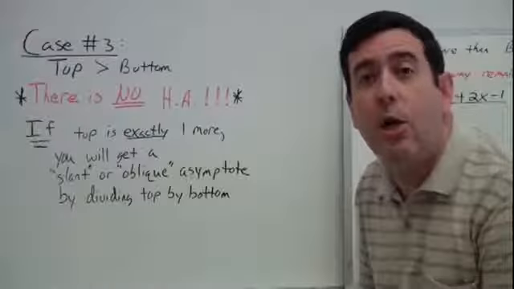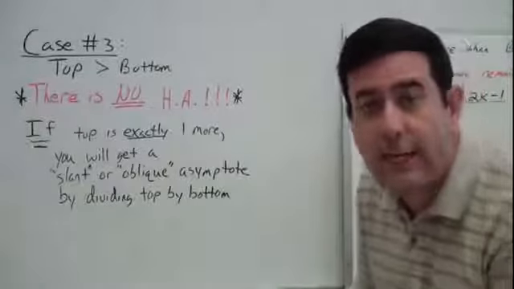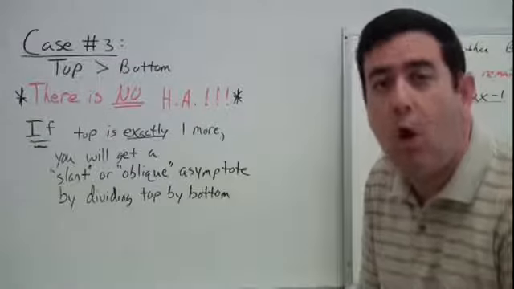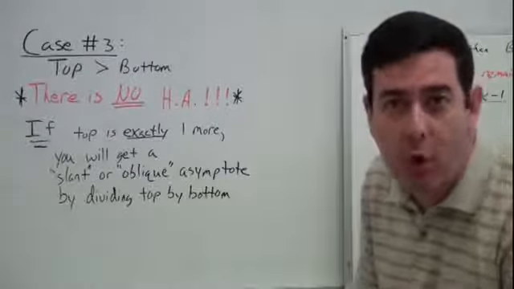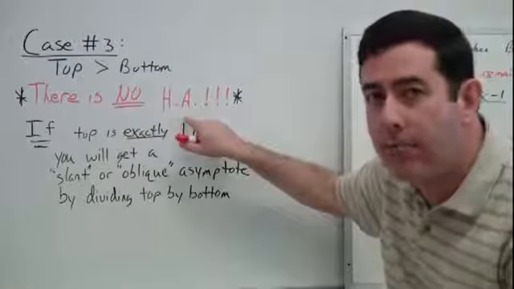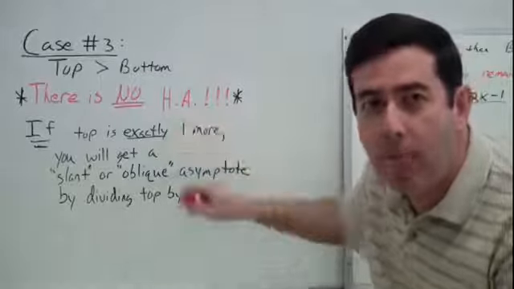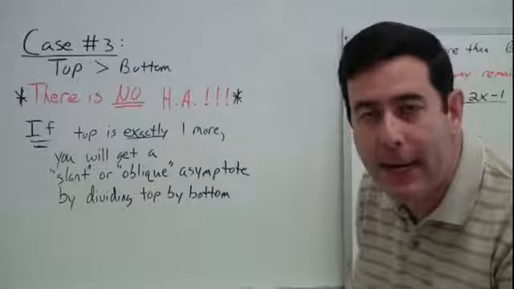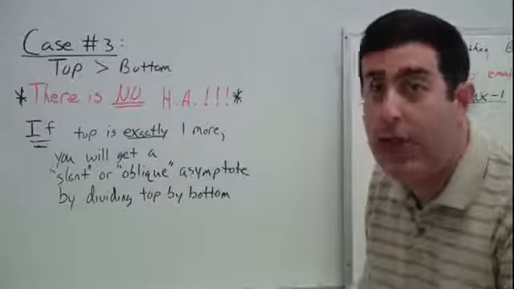The third case that can occur is if the top degree is more than the bottom. When the top degree is more than the bottom, there is no horizontal asymptote. The top degree being more than the bottom eliminates horizontal asymptotes.